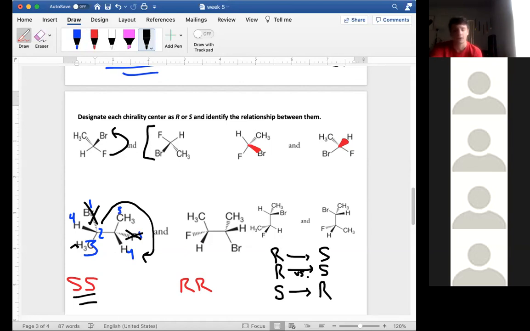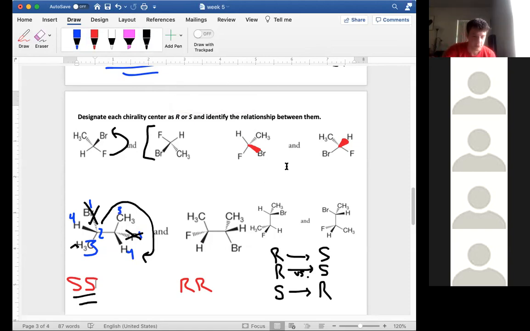Kavi, I was just throwing out a random example. It's not on the page. I was saying, arbitrarily, if you were given a molecule and you did the R and S, that's key. It makes it very simple for you. You don't have to worry about symmetry, superposable, whatever it may be.